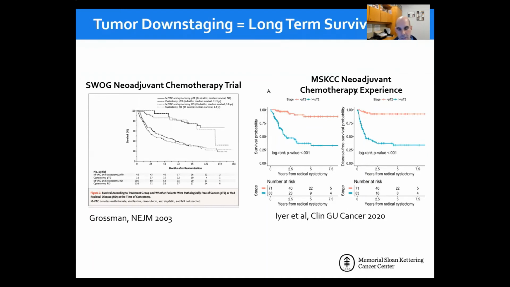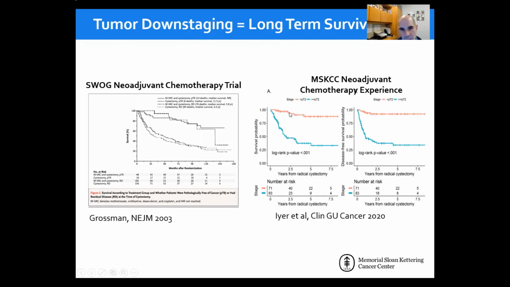This is some data from MSK looking at downstaging after neoadjuvant chemotherapy, and as can be seen both in the SWOG trial with pT0 rates, these patients do very well long-term compared to patients with residual disease. And in the MSK experience, this is looking for any patients with downstaging to less than muscle invasive disease compared to patients with residual muscle invasive disease after neoadjuvant chemotherapy. There's an obvious split between these curves here.